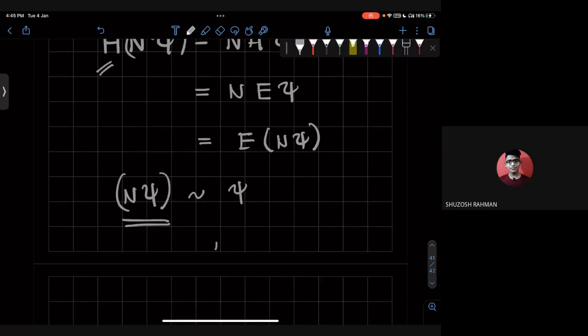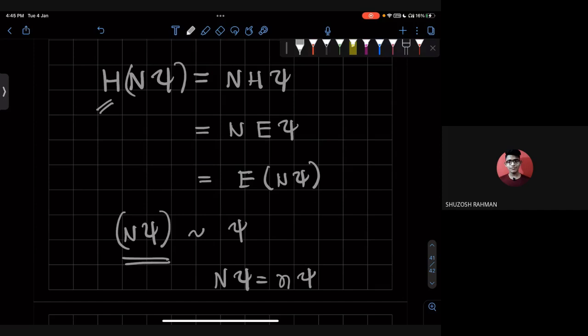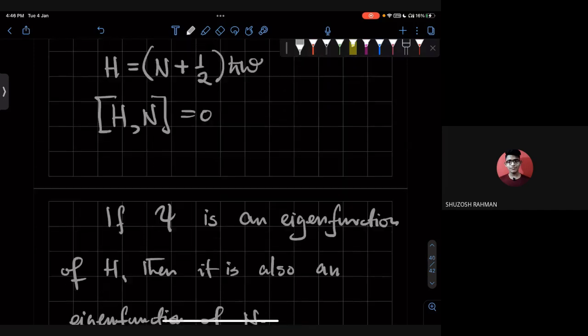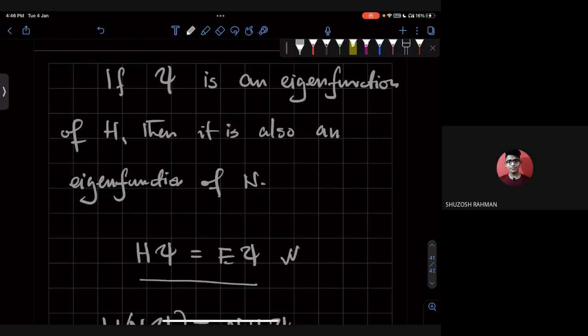In other words, we can write N of psi is some number, some eigenvalue, curly n, times psi. Okay. So this is a general result: if two operators commute, you can find simultaneous eigenfunctions.